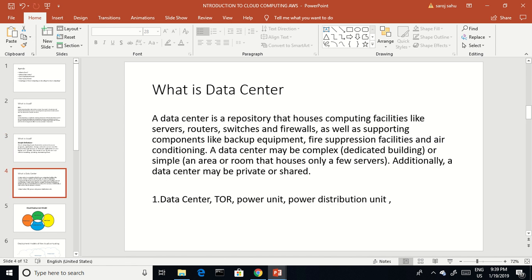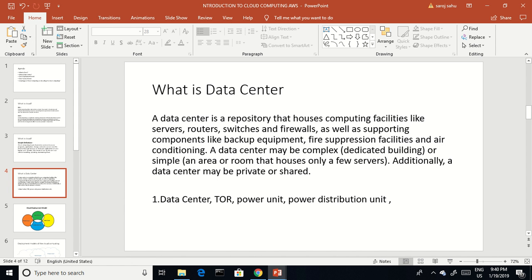And what is a data center? If you want to build a data center, what is the requirement? We have to have a physical building, a very isolated building, and power supply 24 by 7, cooling 24 by 7, fire suppression facilities, air conditioning, all those things.